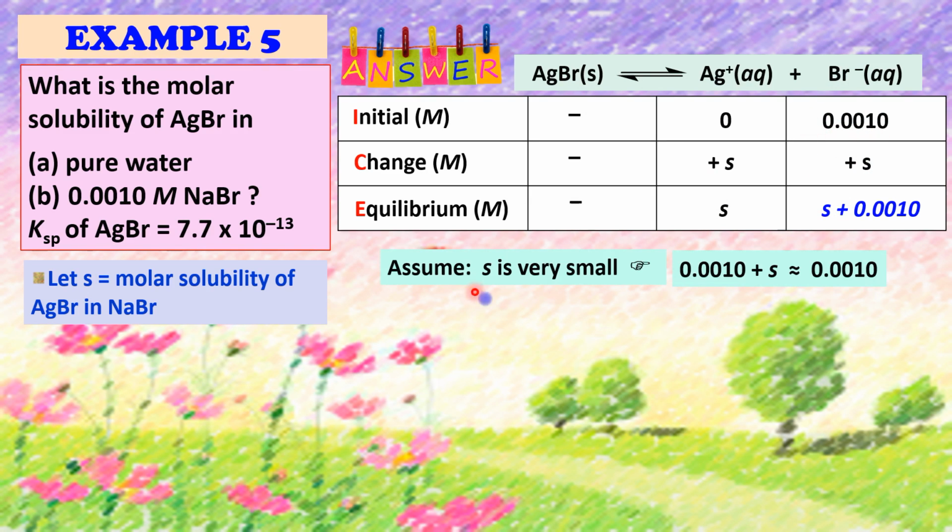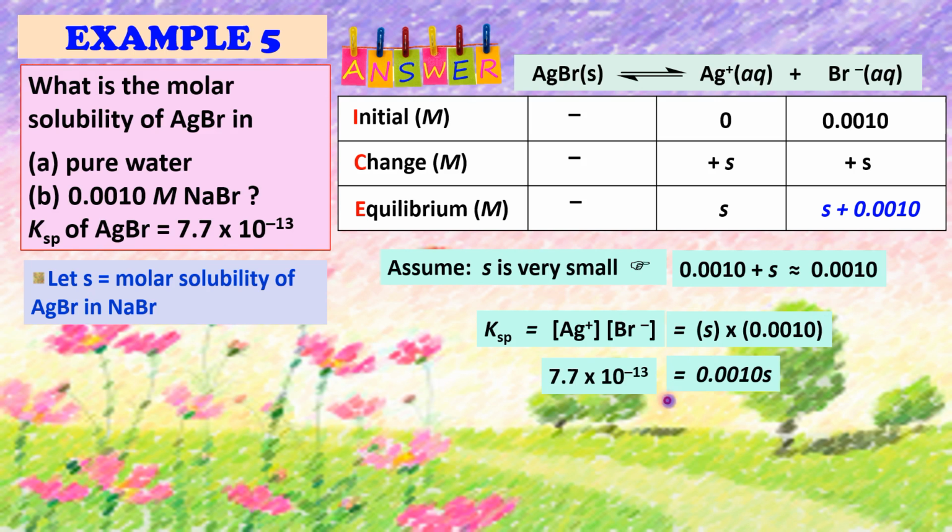We can write the assumption here. Assume S is very small, since the KSP value is very small. So we can assume that 0.01 plus X is approximately 0.001. Write the KSP expression and substitute all the values. From here, we find the value of S is 7.7 times 10 power negative 10 molar.